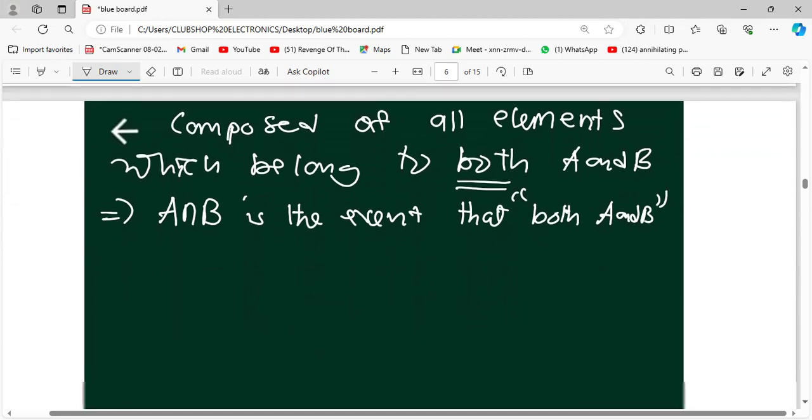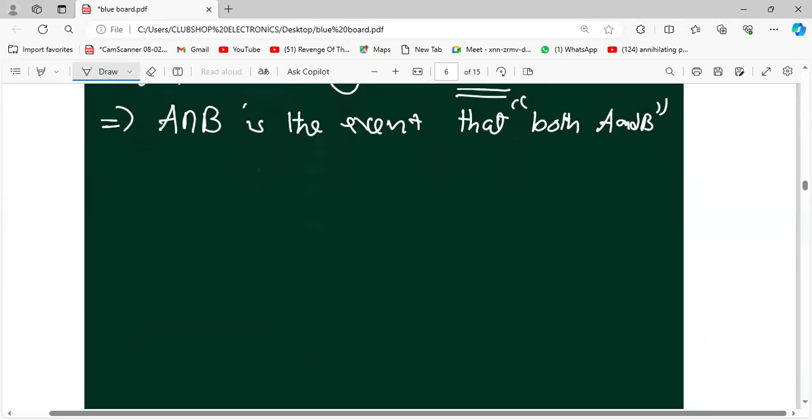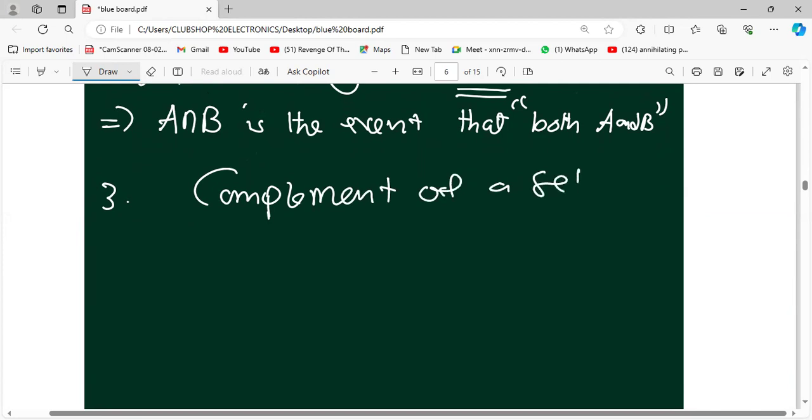Okay? Both implies intersection. The next one is complement of a set. So what do you mean by a complement? A complement of a set is not defined in isolation. There must exist another set. In this case, we are talking about the sample space.